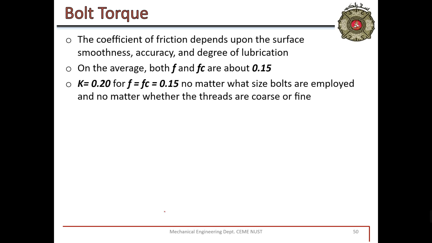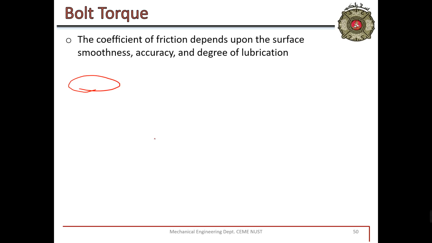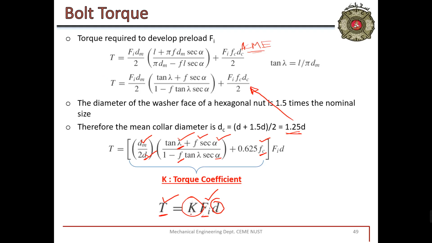Luckily, you don't have to do all this. Just use K equal to 0.2 unless stated in the problem. K is equal to 0.2, Fi is the preload required and d is the diameter of bolt.